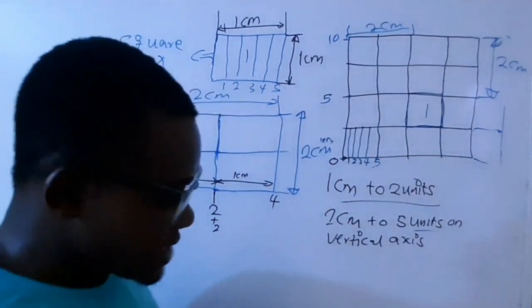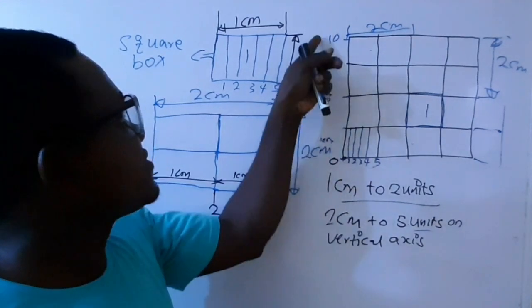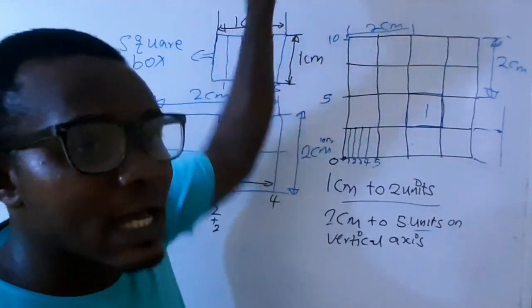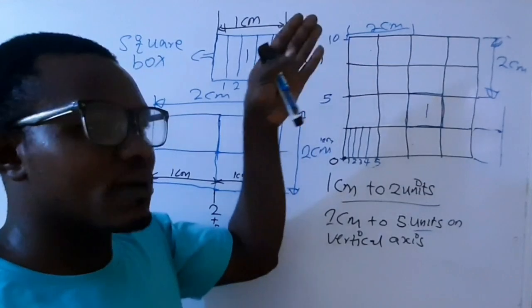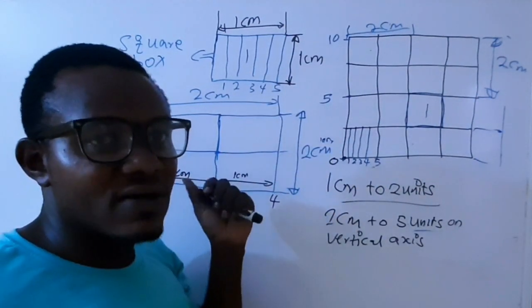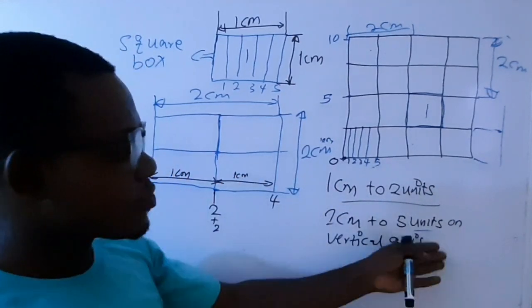You will see that the difference between this and this is 5, and the difference between this and this is also 5. If I move another 2 centimeters upward, then I write 15, then 20, 25, depending on the highest value you have on your table for y. So that is how to replicate all this.